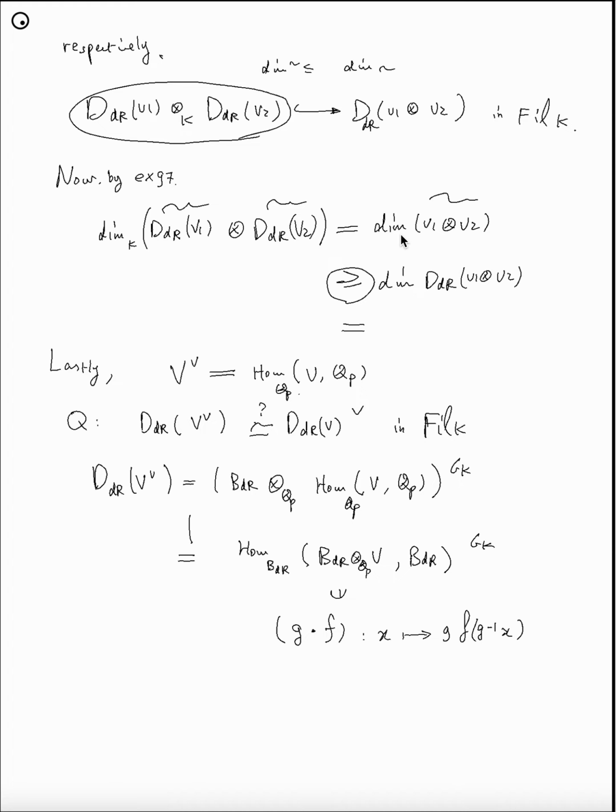And to be G_K invariant, this should equal f(x) for whatever j and whatever x, right?